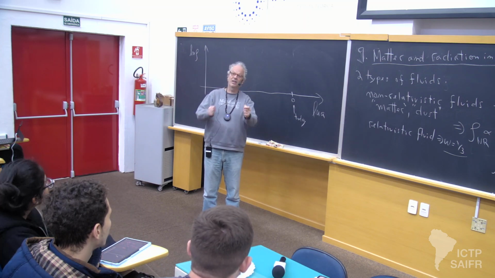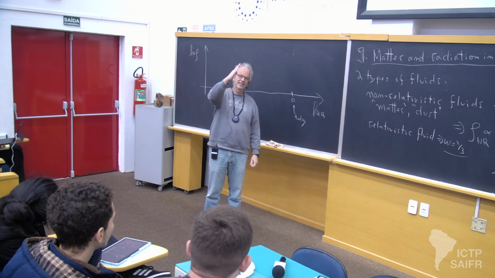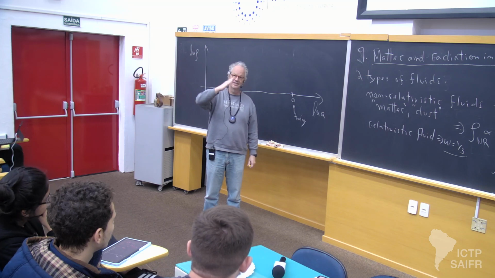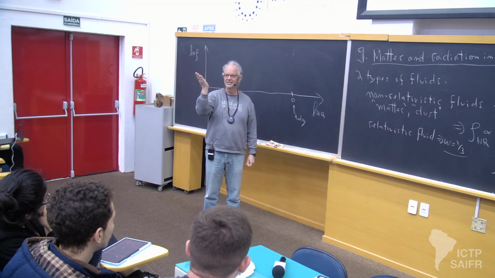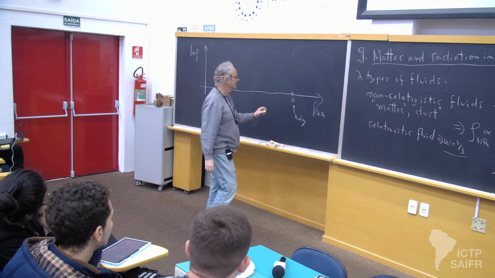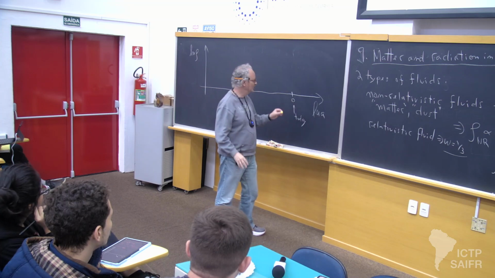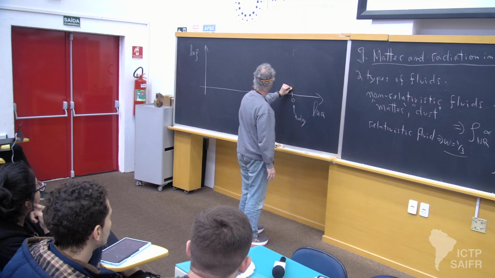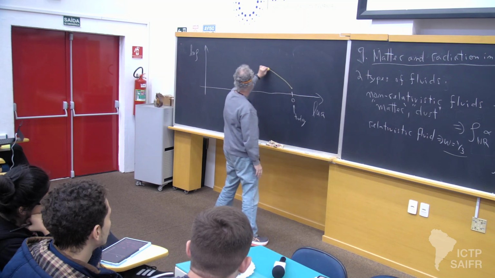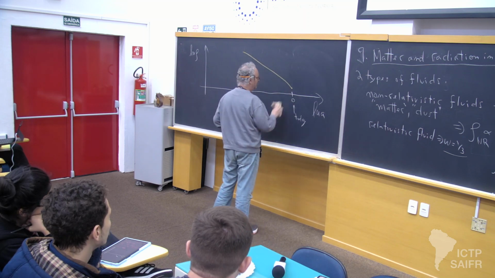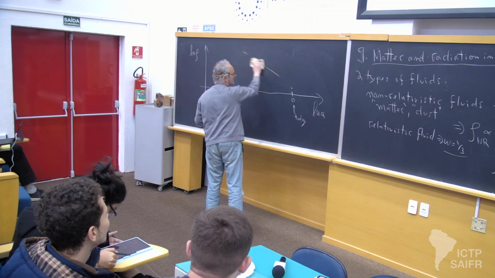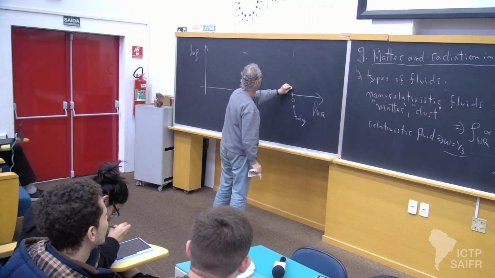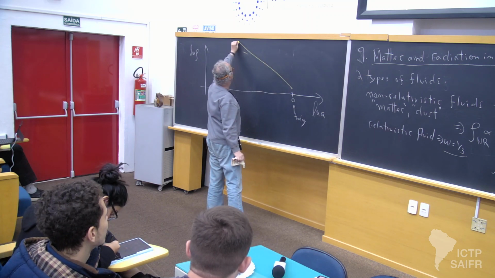So if I plot the log, it is a straight line with inclination 4. I don't know if I'm doing it correctly, but I'm doing something like this. So this is radiation. It goes like this. Oh, this is terrible. Okay, like that.